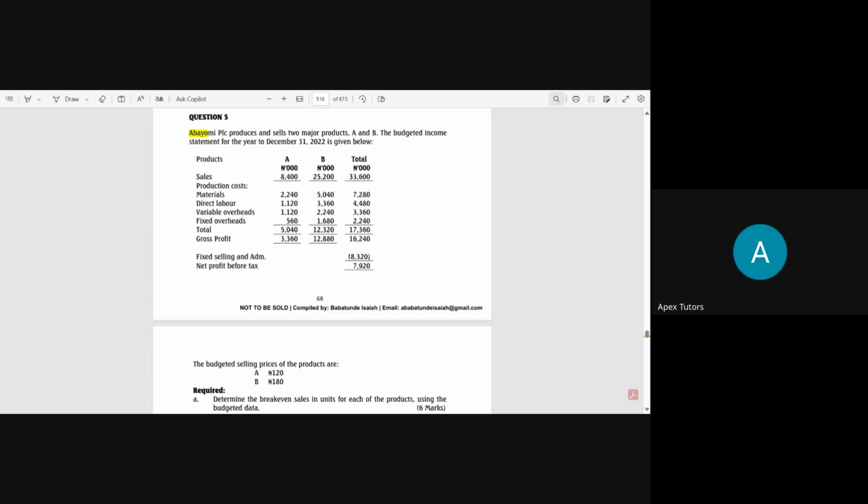Yes, it is also a fixed cost element. So you need to add this 2,240 plus 8,320 to give you your total fixed cost.